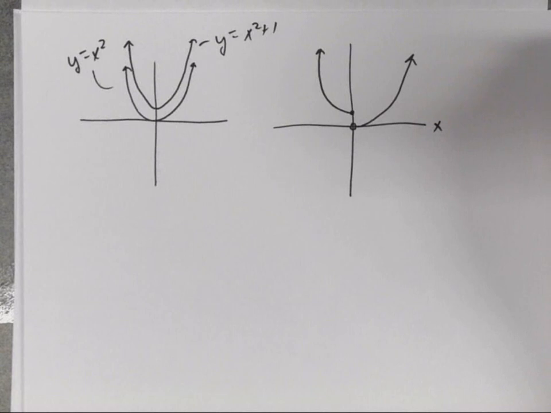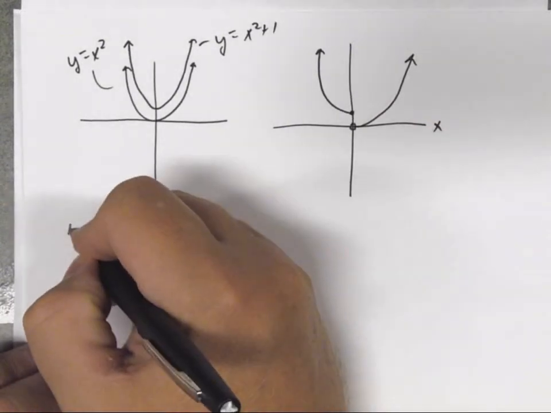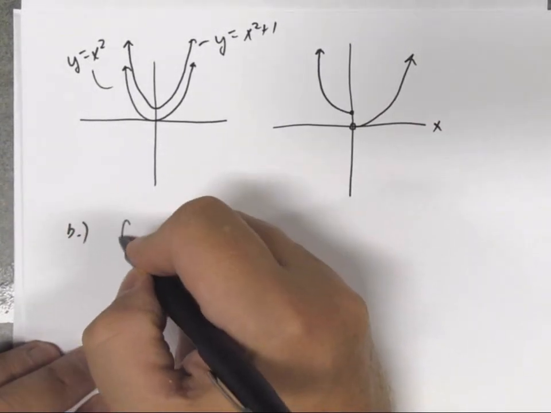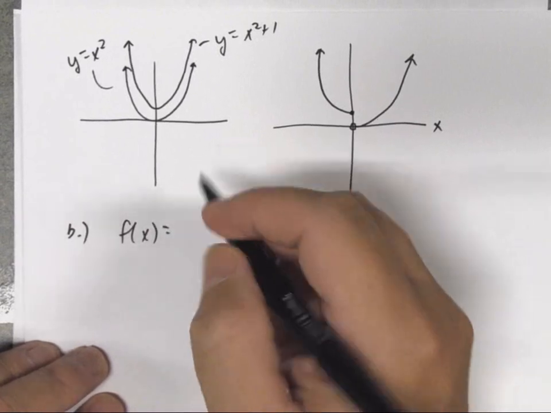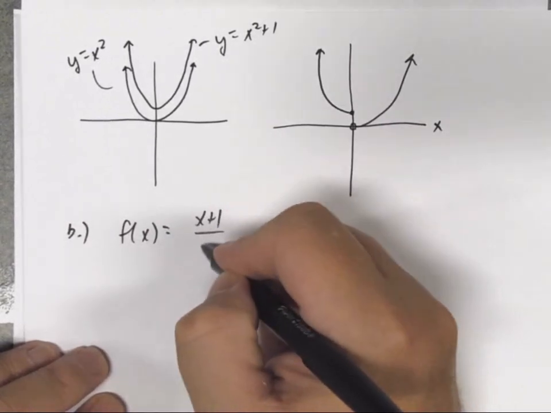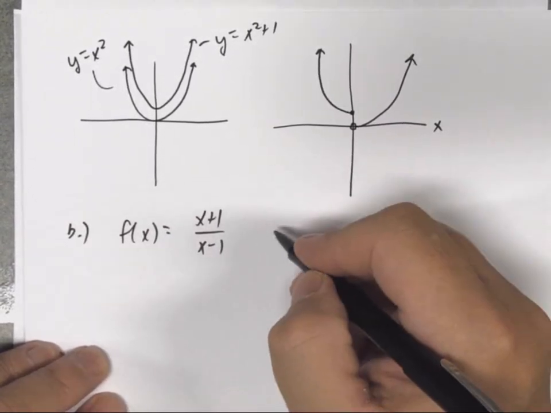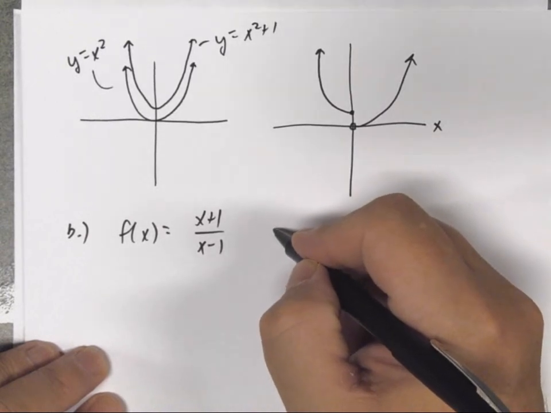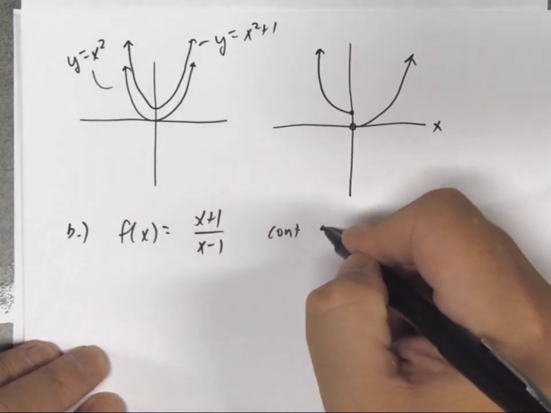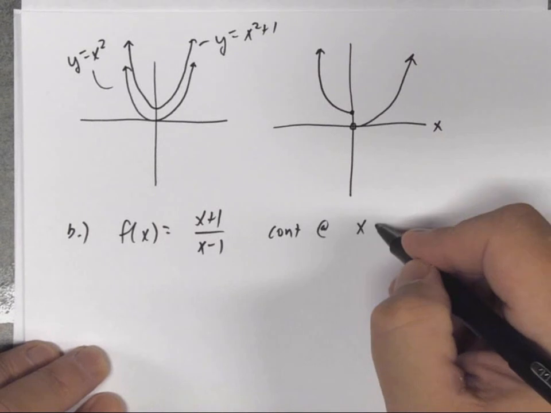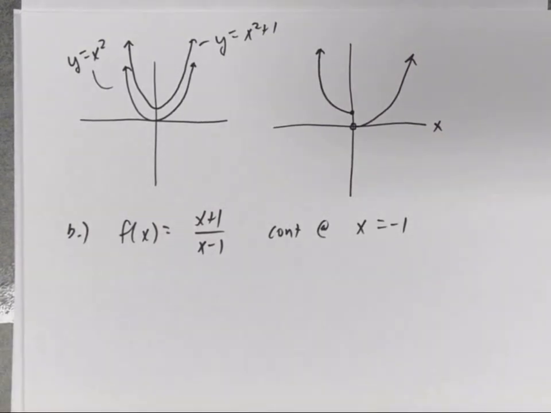All right, there's a couple more. B says f of x equals x plus 1 over x minus 1, and they want to know about the continuity at x equals -1.